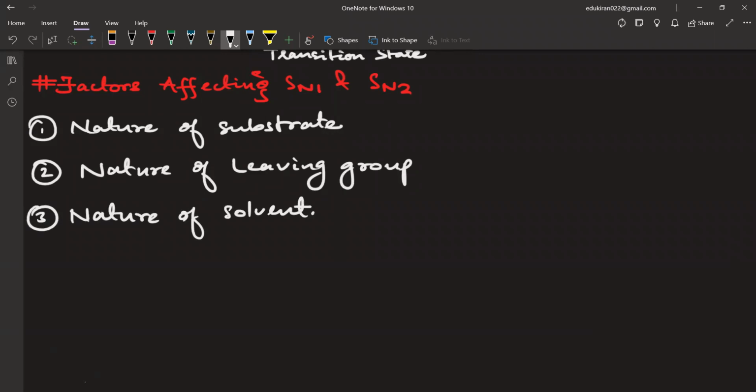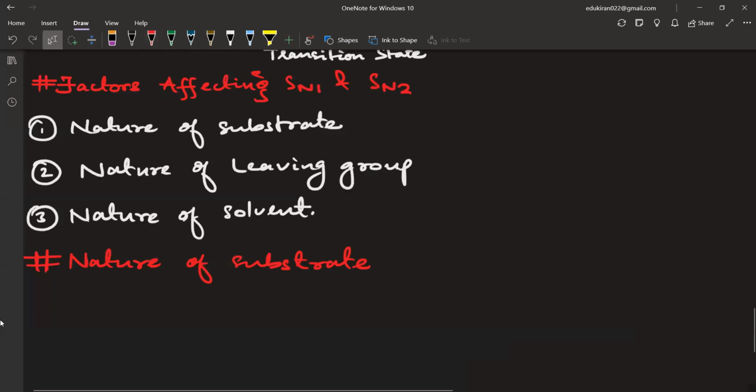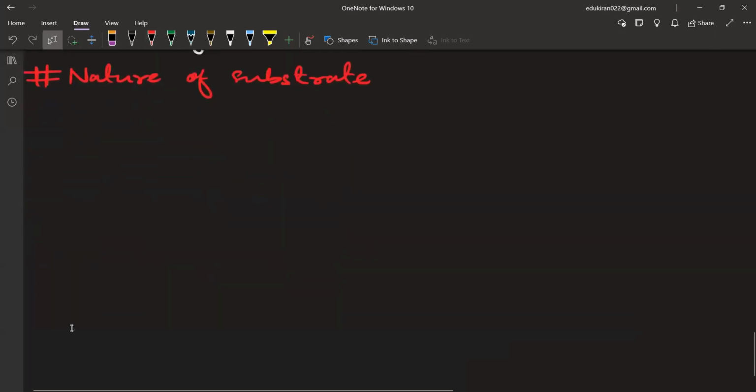So please write the first topic, nature of substrate. In nature of substrate, you will write the first topic, that is reactivity of Sn1.